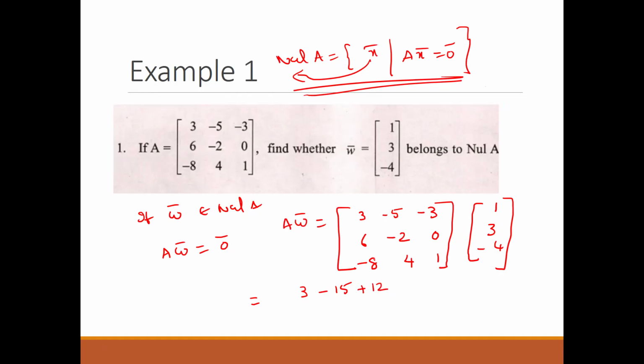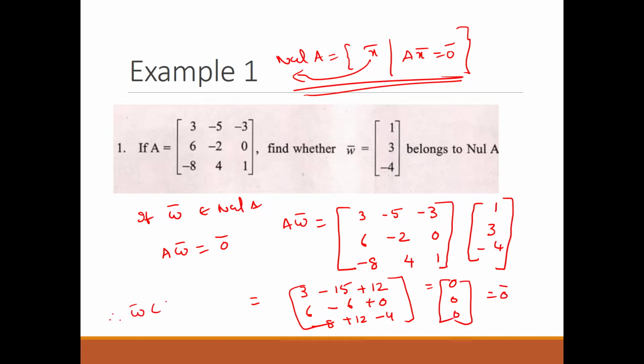Next, 6 ones are 6, minus 6. 0 into anything is 0. Next, minus 8, 4 threes are 12, minus 4. So 15 minus 15, 0. 6 minus 6, 0. Minus 8 minus 4, minus 12 plus 12, 0. So AW is equal to 0 bar. Therefore, W belongs to null A.